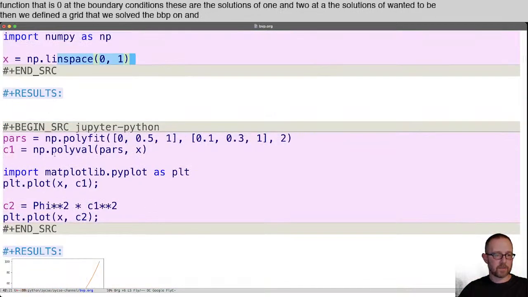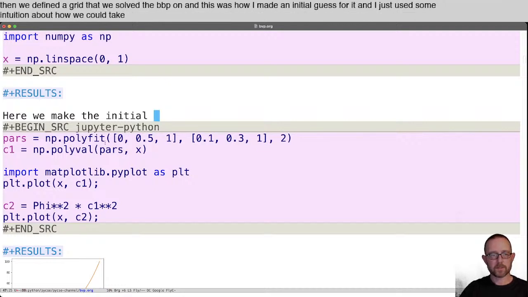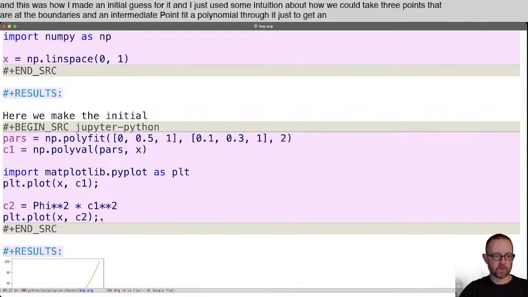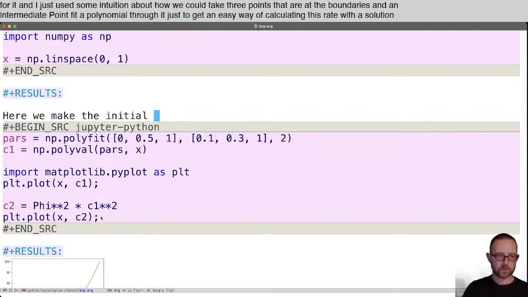And this was how I made an initial guess for it, and I just used some intuition about how we could take 3 points that are at the boundaries and an intermediate point, fit a polynomial through it, just to get an easy way of calculating this array for the solutions.